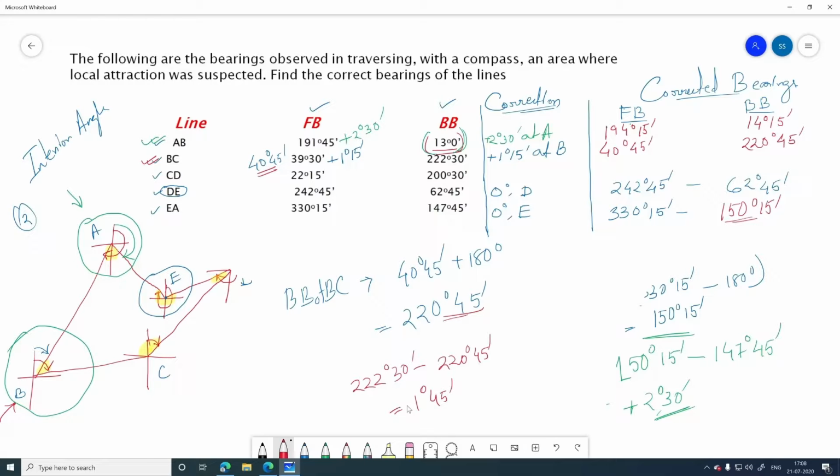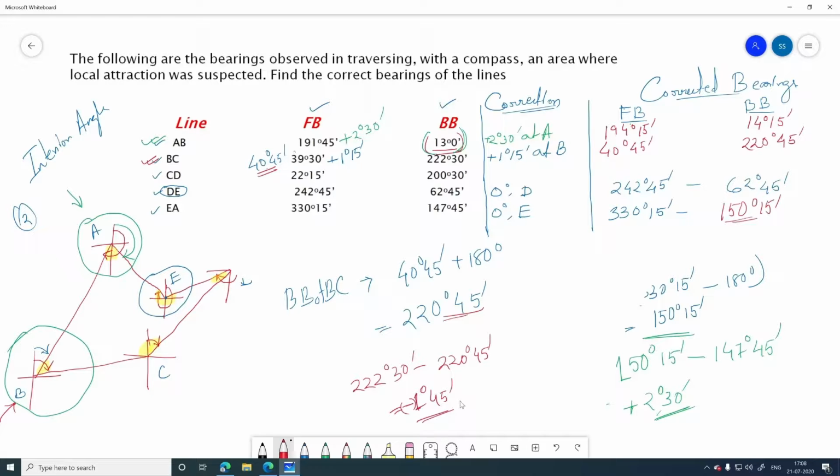But yeah, it is negative, because in other cases the value that we got is greater than the value which is given, but here the value that we got, 220 degree, is less than this given value. So that is why it will be negative, depending on the value of the bearing.